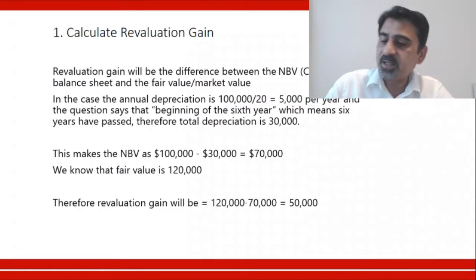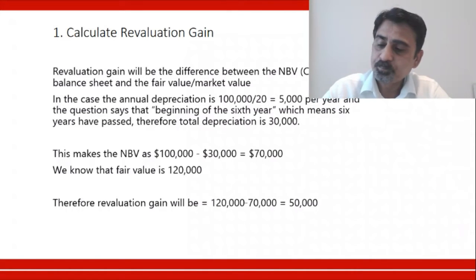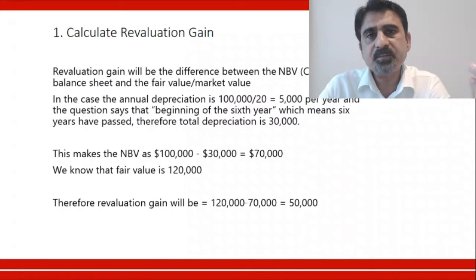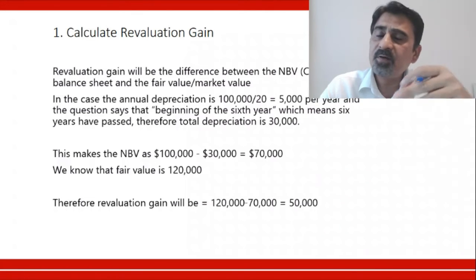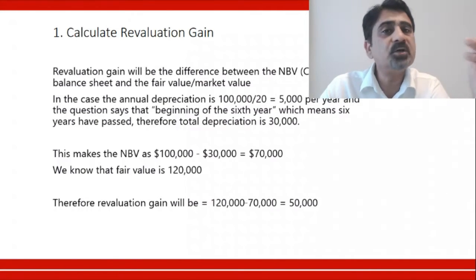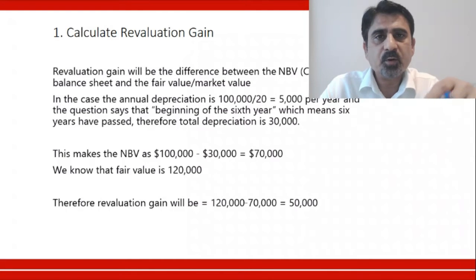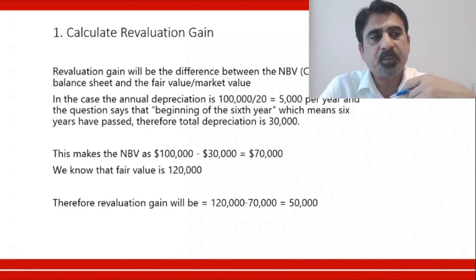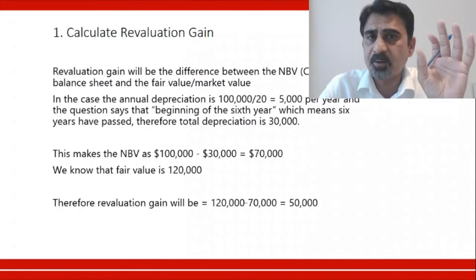So revaluation gain. Now what is gain? Actually there are 2 words, profit and gain. Profit comes from your operating activities, profit comes from your operations, whereas gain is something which is also a benefit to you, but it is not from your operations. Whatever business you do, whatever products or goods or services you give, whenever you make any economic benefit by providing those goods or services, that is called your profit.